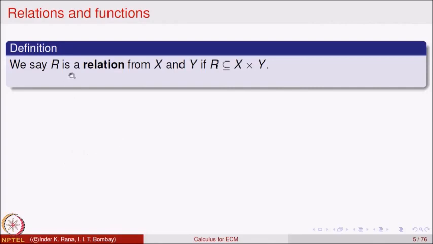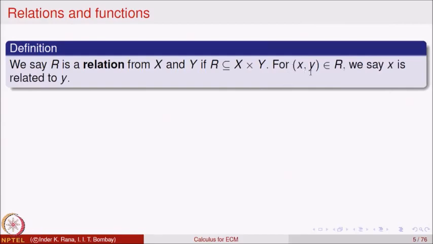We say R is a relation from X to Y, or X with Y, if R is a subset of X cross Y. This is not a very good word, X and Y. A better way to say it is a relation from X to Y, that means between elements of X and elements of Y, the order is there, is a subset of X cross Y. So, all subsets of X cross Y will be called relations.